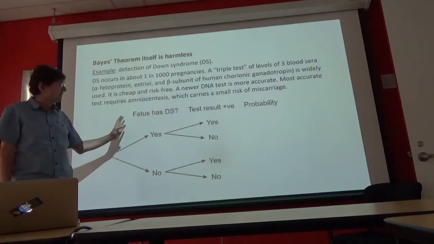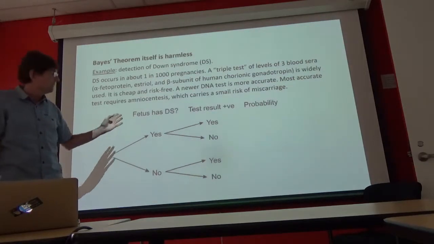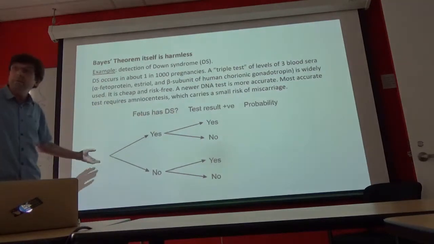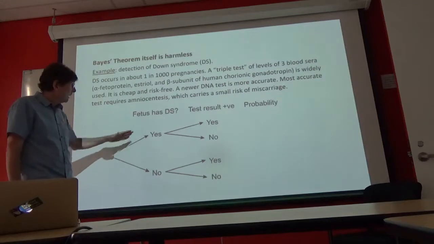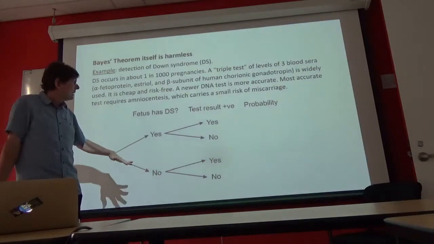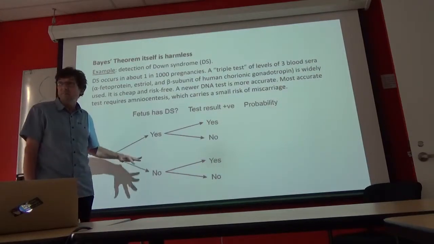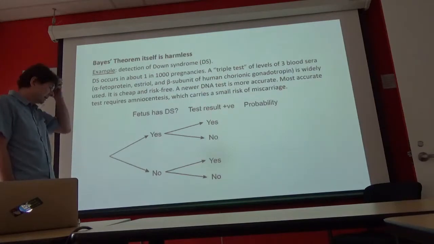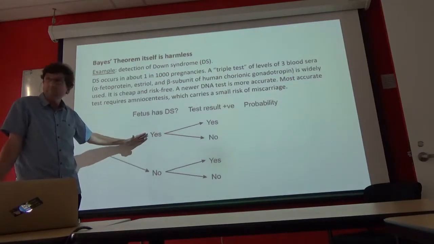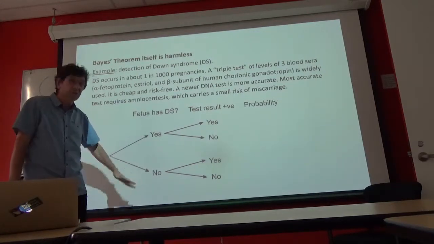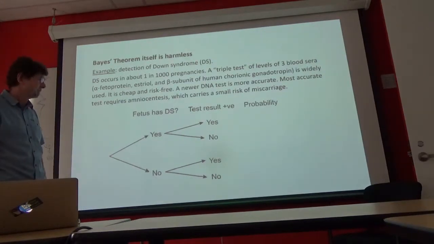I'll draw the consecutive events in terms of a probability tree, which has certain uses. The first branch is whether a fetus has Down syndrome. So you're a genetic consultant, and this is the question that you want the answer to: yes, the fetus has Down syndrome, or no, the fetus does not have Down syndrome.